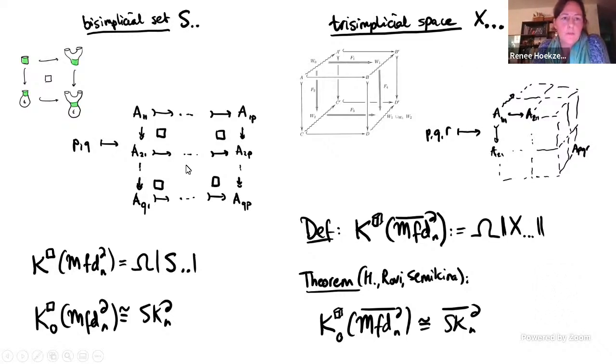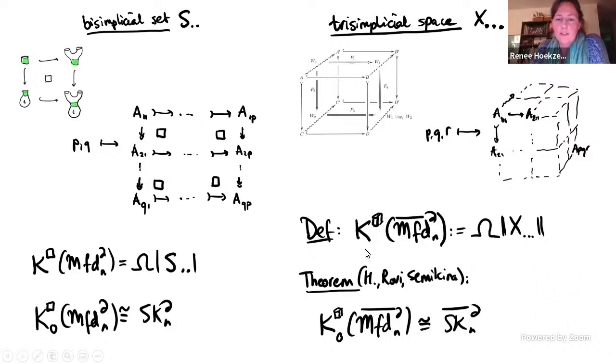Remember, for the bisimplicial set, I had k squares of manifolds. I defined this to be loops of the realization of this bisimplicial set. And then K0 of this was isomorphic to SK boundary. Now I define a trisimplicial space. It really has to be a space in this case, one that sends P, Q, and R to composable fundamental cubes of manifolds.